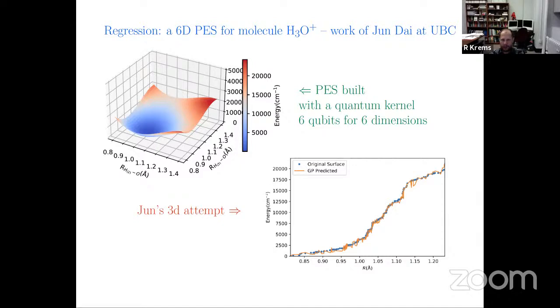You don't have these analytical expressions anymore, right? So this is where Bayesian optimization is extremely useful. June applied Bayesian optimization to optimize the parameters of the circuits to obtain these sort of results.